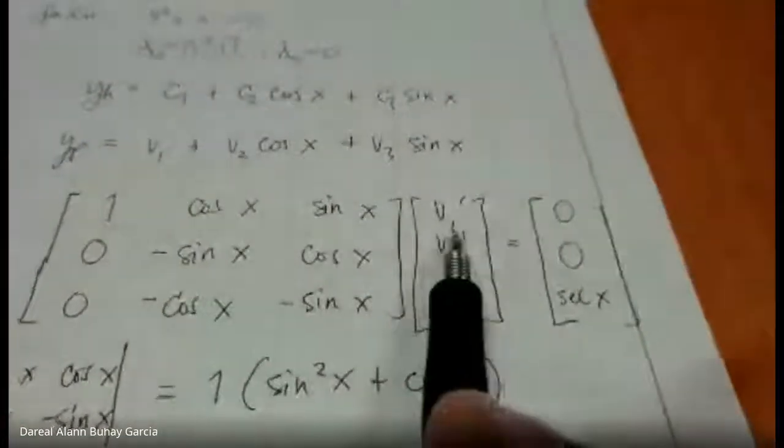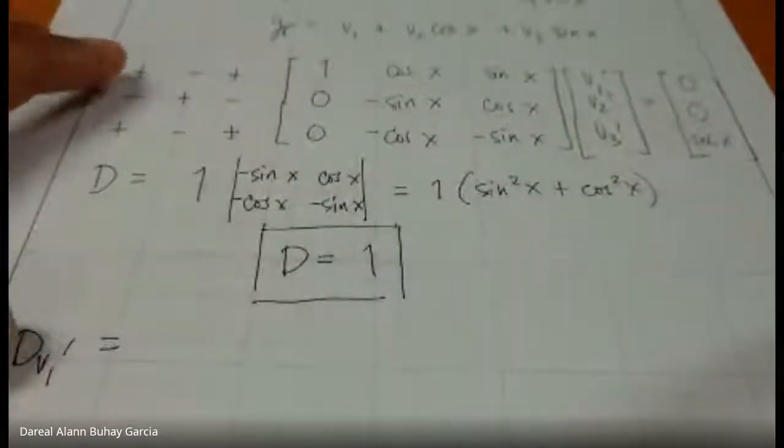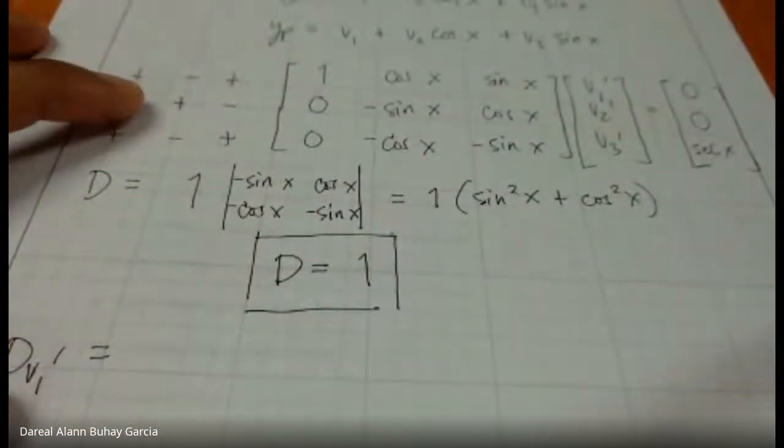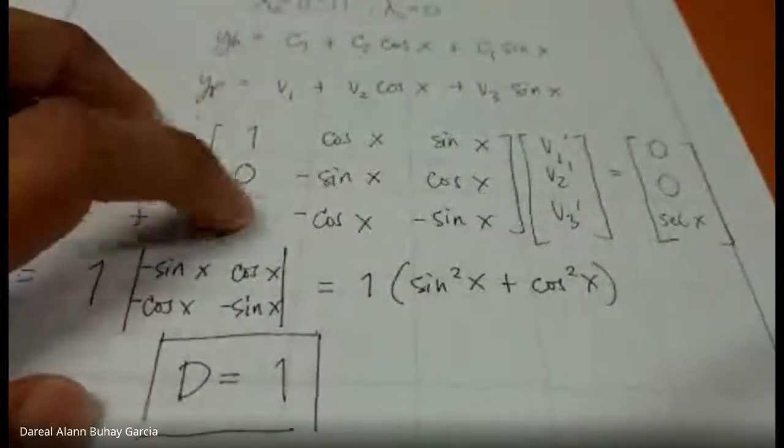Next, the determinant of V1 prime. So i-replace lang ni ang first column by this one, no? So this becomes 0, 0, and secant x.